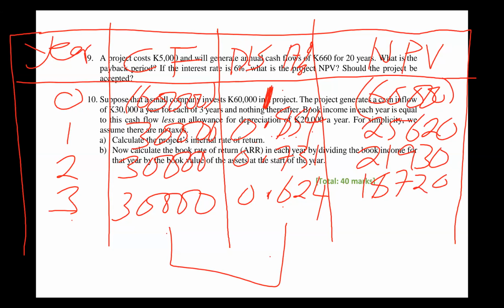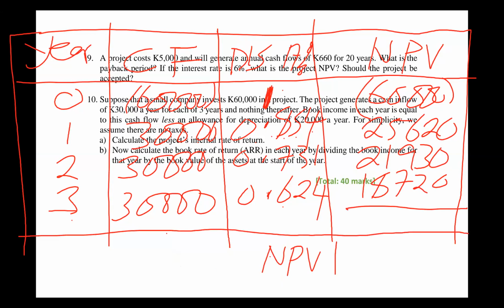18,720. Thank you. So what you do, you add all these that are positive and then subtract the 60,000. Then you give us the NPV. What is the NPV?